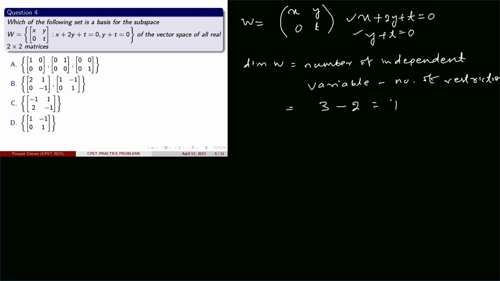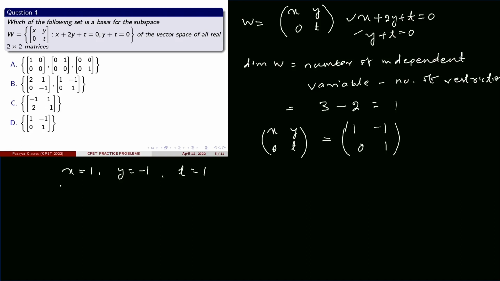That means the basis of W consists of only one element. So from this, option C or D may be correct. Now comparing the matrix x, y, 0 and t with the matrix 1, minus 1, 0 and 1, we get the value of x is equal to 1 and y is equal to minus 1 and t is equal to 1.